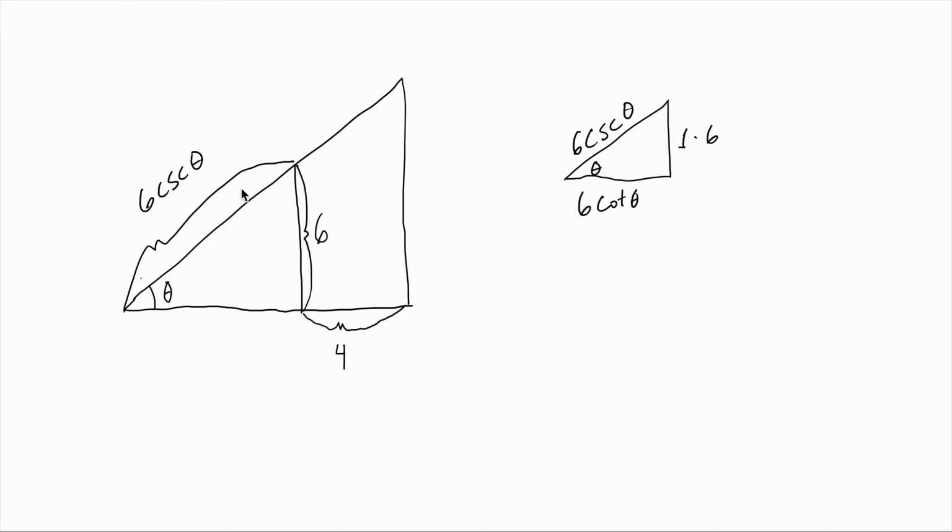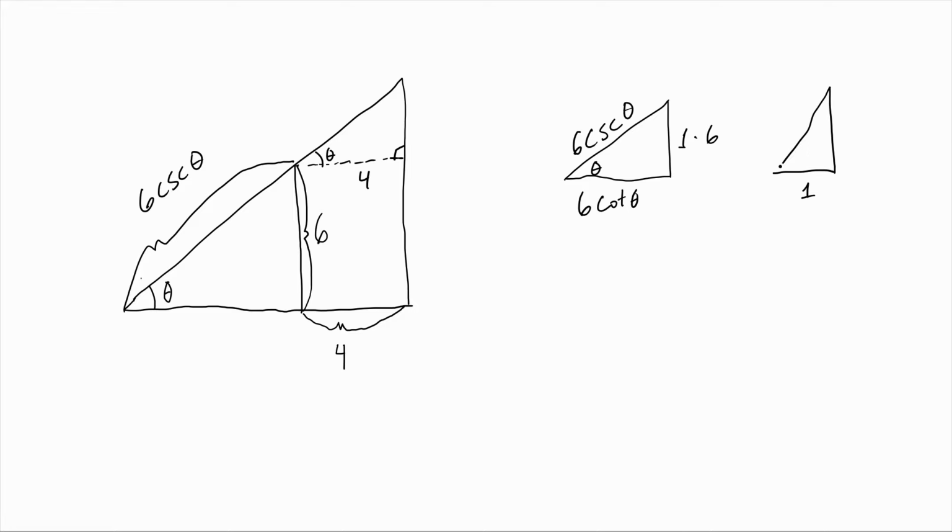We want a formula for the whole thing, right? So in our mind, we can think, okay, we have a right triangle right here with a side length of 4, and we also have an angle theta. This line's parallel to that one, so that angle's the same as that one. So instead of a 4, think of 1.